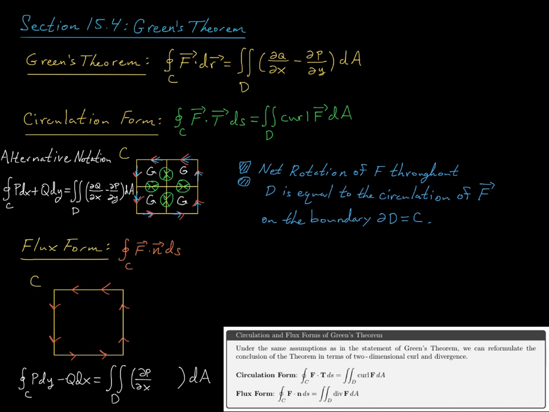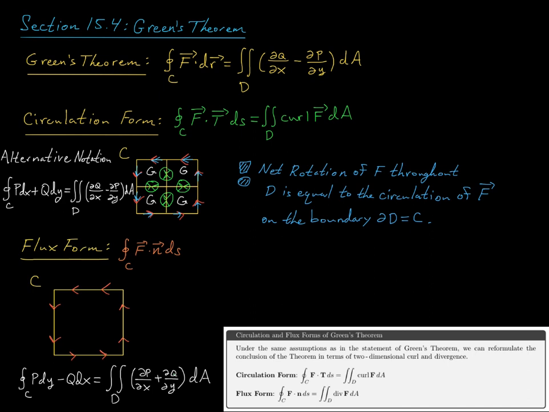So we're going to differentiate negative q with respect to y, but then we're going to stick a negative in front. So all in all, we're going to get plus partial q, partial y. These two statements really are the same thing, except we're just relabeling the component functions.